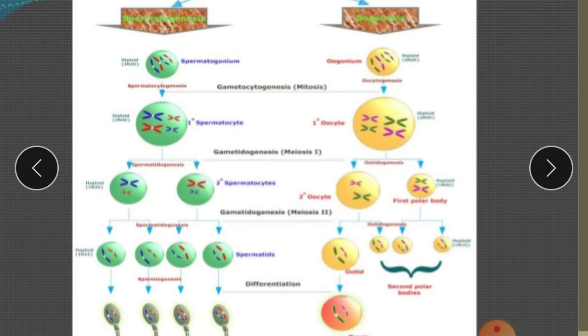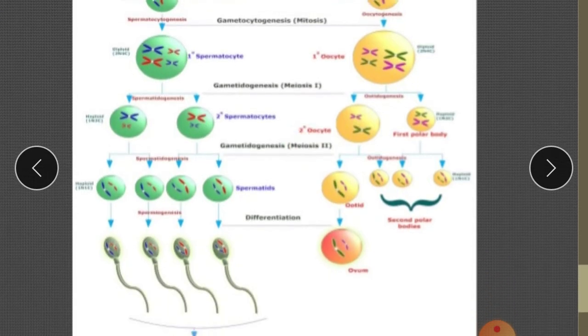Secondary spermatocytes undergo the second meiotic division to produce 4 spermatids, and up to the formation of spermatids, the process is called spermatogenesis. Spherical spermatids undergo differentiation to become tadpole-shaped spermatozoa, and that differentiation is called spermiogenesis.